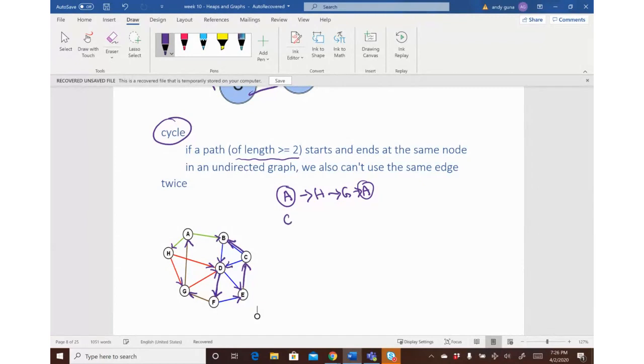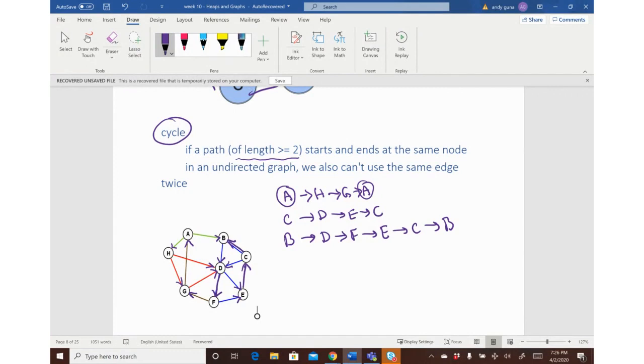With this one, I can say CDEC is a cycle. And also you can have a cycle BDFECB. That seems to me the longest cycle, but you could find other cycles there.